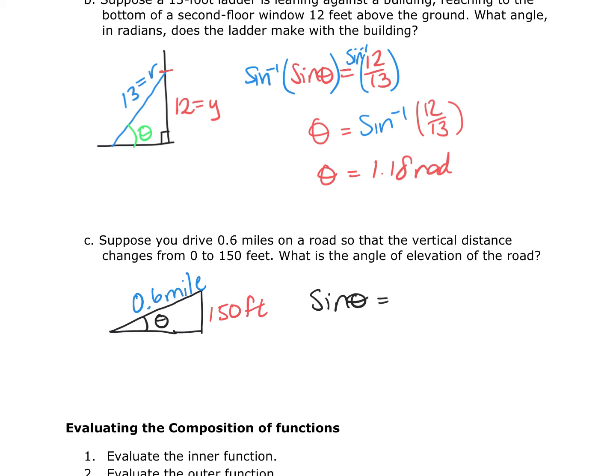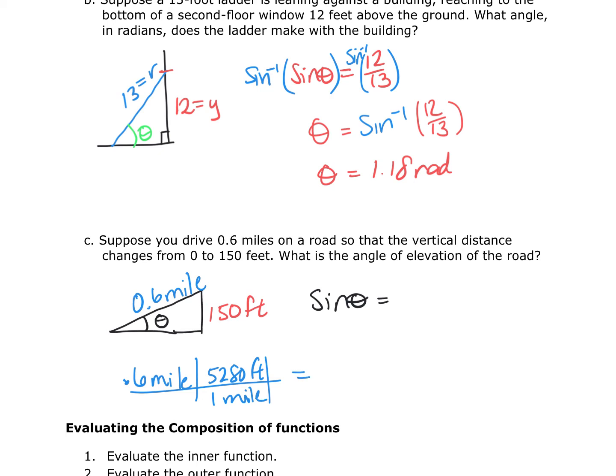Now, the thing I have to do is I have this 0.6 miles, and I need to convert this into feet so that we are talking the same units. I know there's 5280 feet in 1 mile. Yahoo, Mile High City, Denver. Call out to you all. That's how come I know it. Unless you live there.